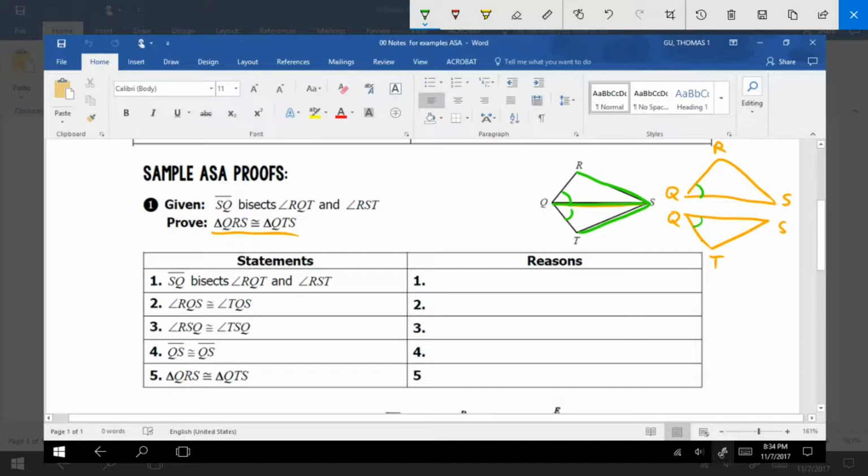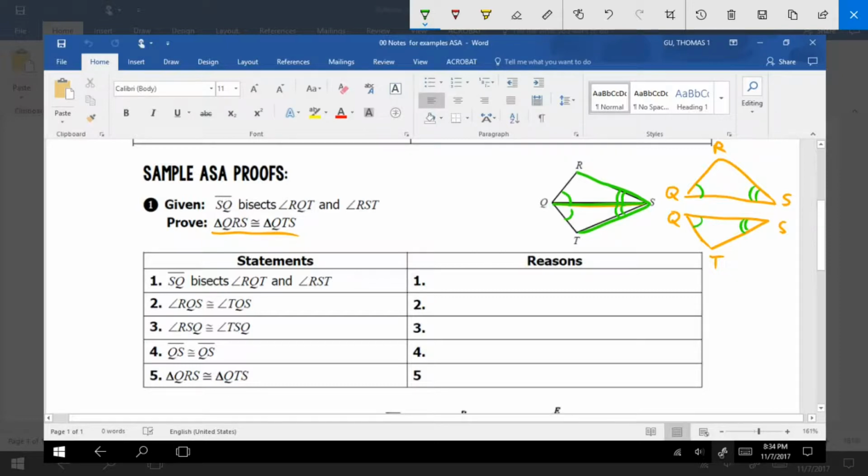So what does that say about angle RSQ and angle TSQ? That means that angle RSQ and TSQ are also congruent. So if I draw that on my triangles on the side over here, RSQ is right there and TSQ is right here. So they told us that SQ bisects these two angles, which means the two smaller angles that total to make up the full angle are congruent.